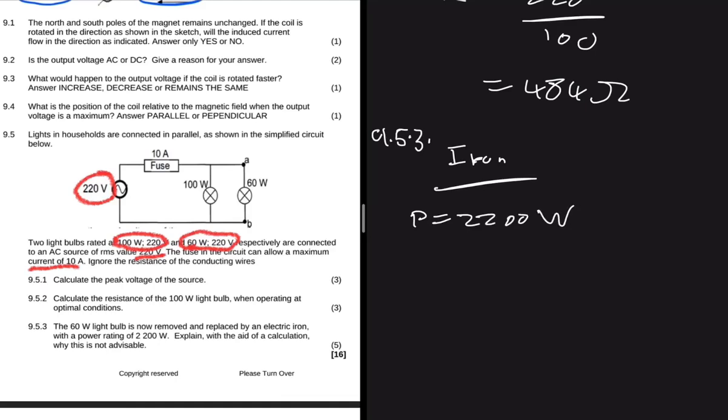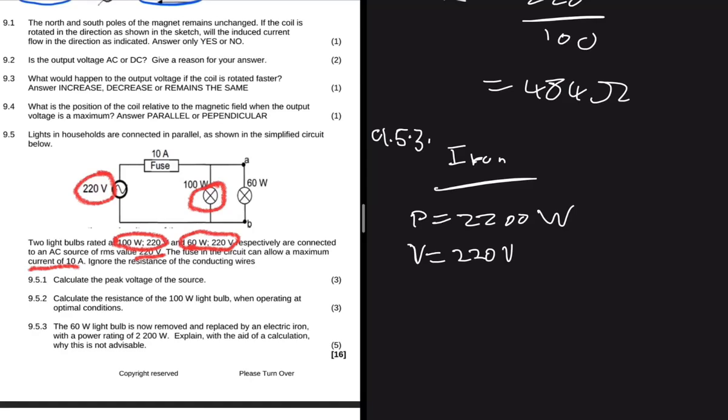And then the iron will experience a voltage of 220 volts, right? Because it will be parallel to the bulb, which is receiving 220 volts, because our power source can only give us 220 volts, right?